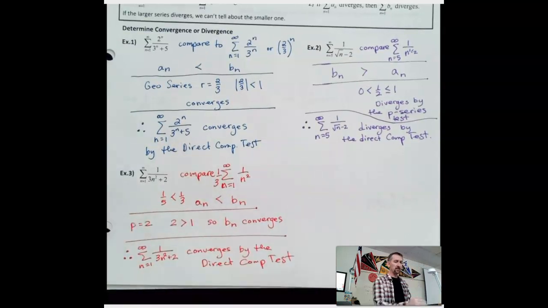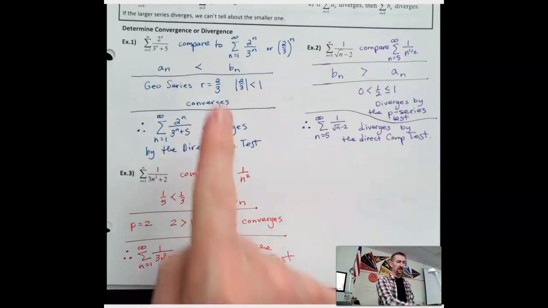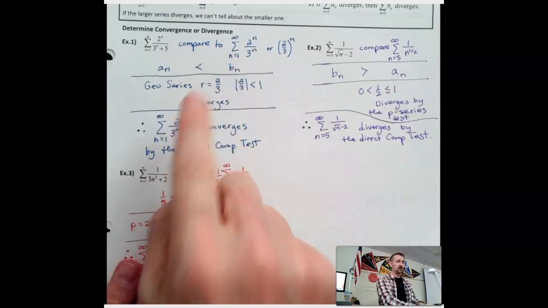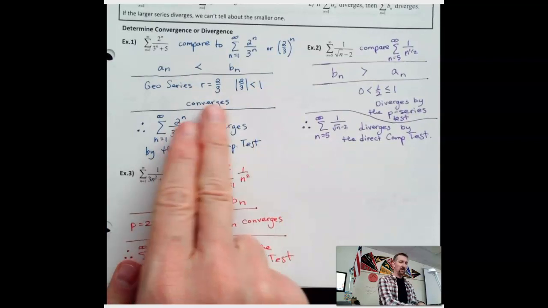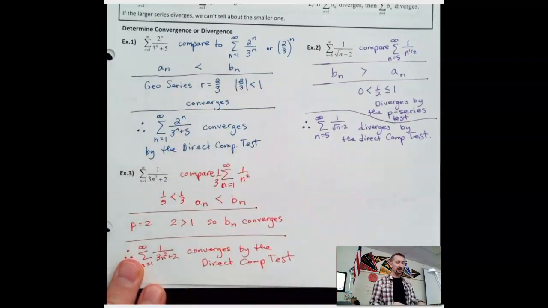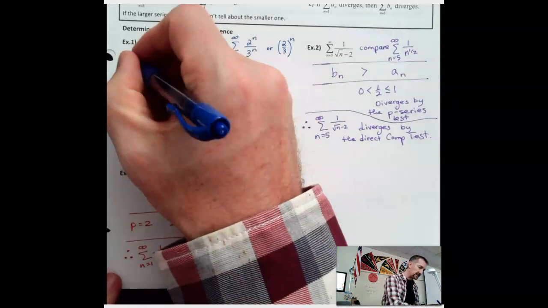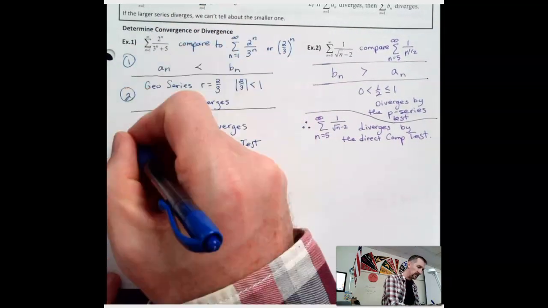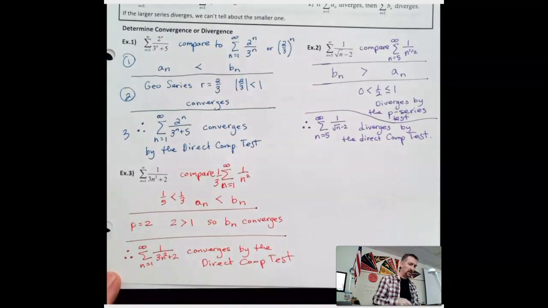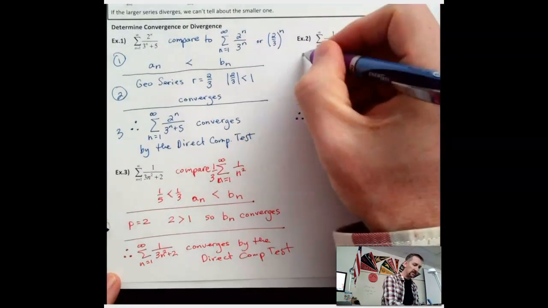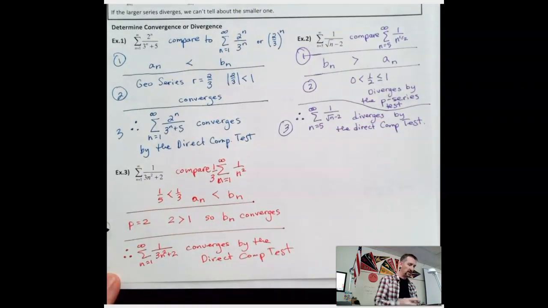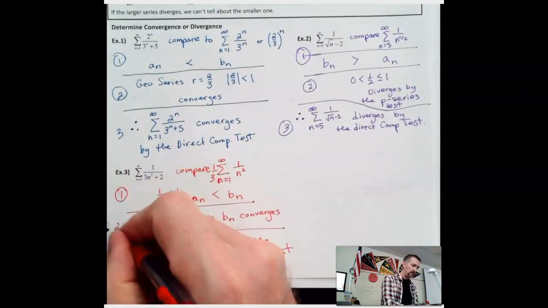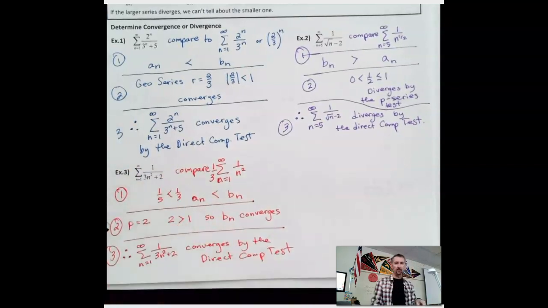Okay, so I think I like this better. Break it into kind of like 3 steps. Figure out what to compare it to, determine which one's bigger and which one's smaller, test that one, and then make your statement about your last one. So three kind of phases there. 1, 2, 3. Here, let's count both of those as 1, 2, and 3. 1, 2, 3.